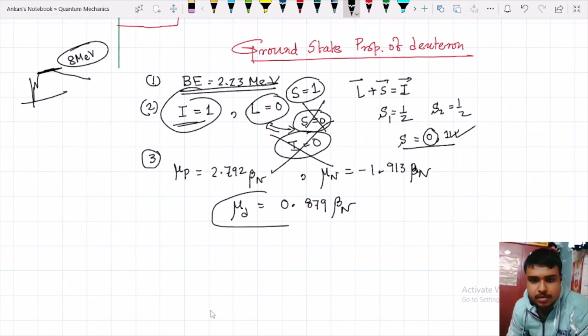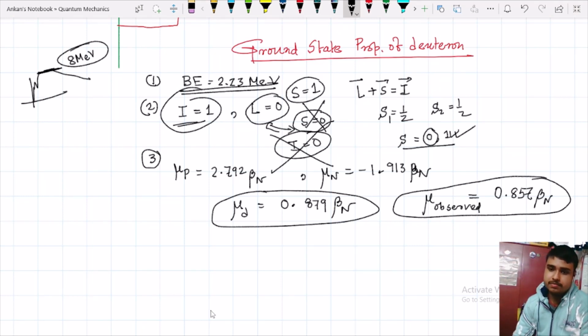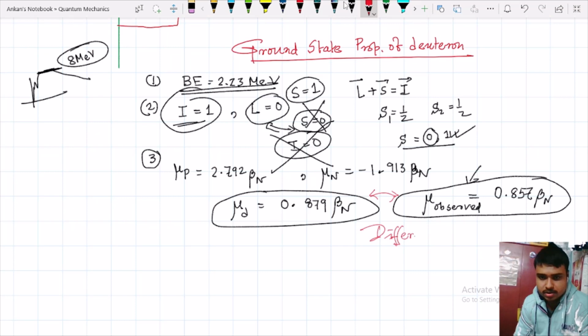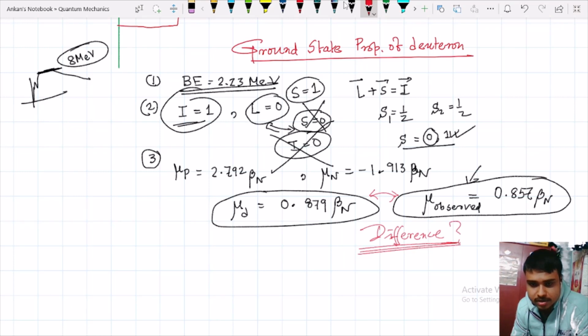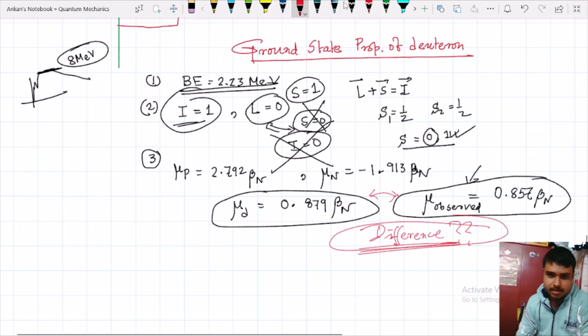But the observed magnetic moment of the deuteron, this is the calculated one, and the observed value is 0.857 nuclear magneton. Even the most precise measurements have shown this. So there is some difference between the observed and calculated values. This difference could not be explained at that time.